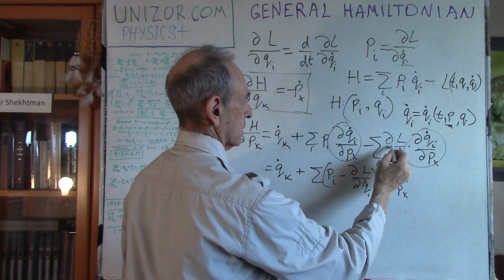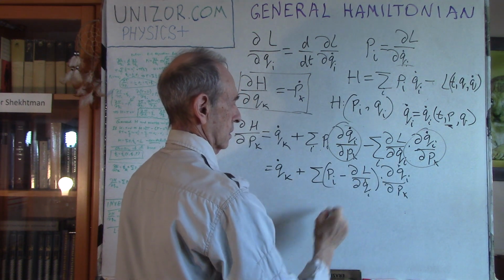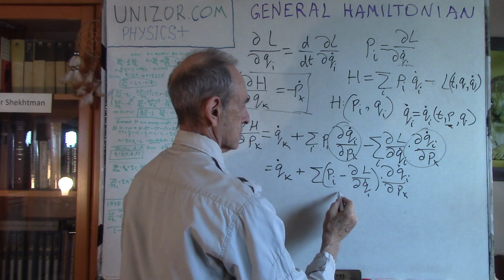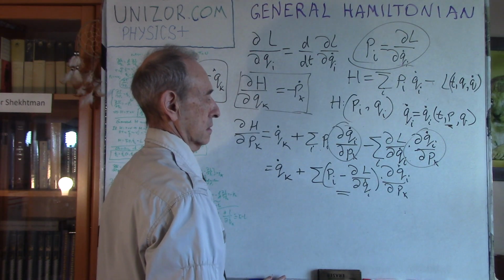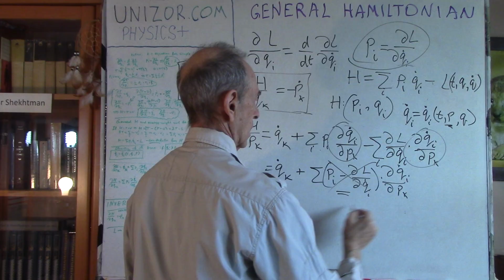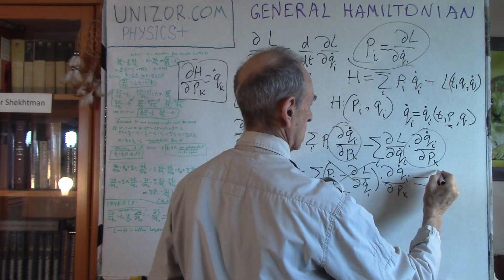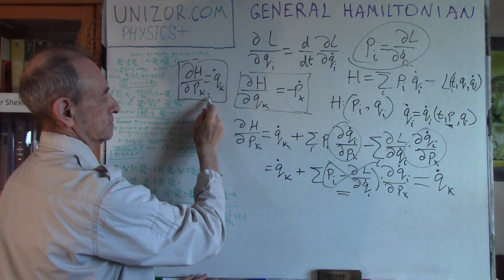So I put p minus dL by dqi dot in parentheses. Now, what is this? This is the definition basically for pi, so it's 0, which means the whole thing is equal to qk dot, which is exactly this one.